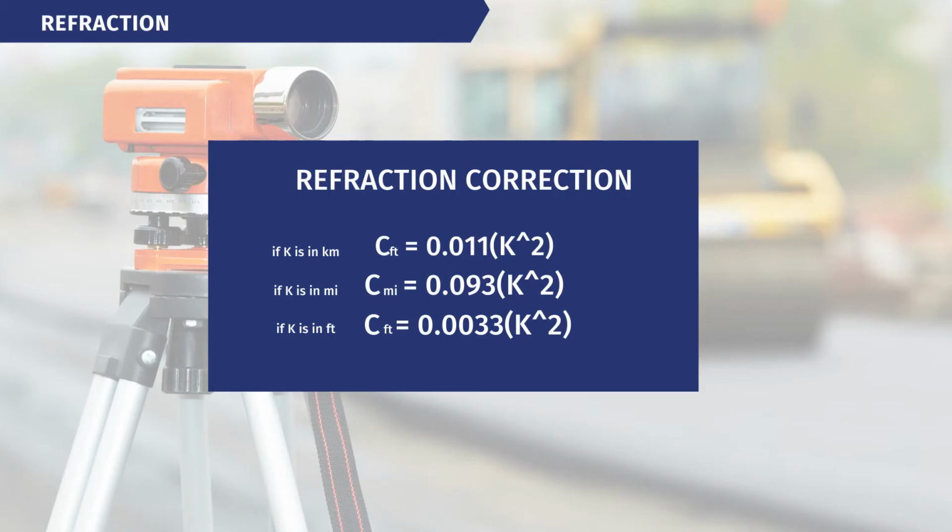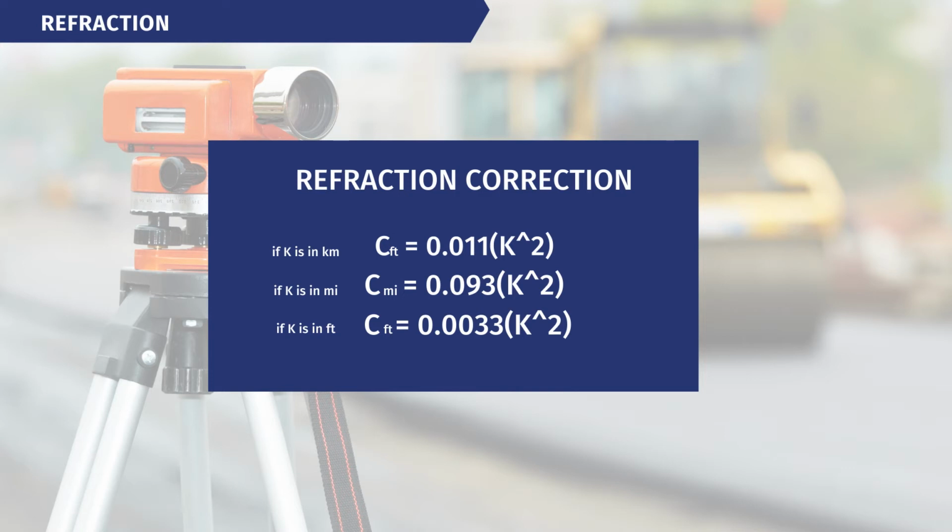Refraction correction is about 1/7 the effect of curvature but in the opposite direction. To solve for refraction correction, we have these formulas wherein, again, the constant will be different depending on the units intended for the solution.